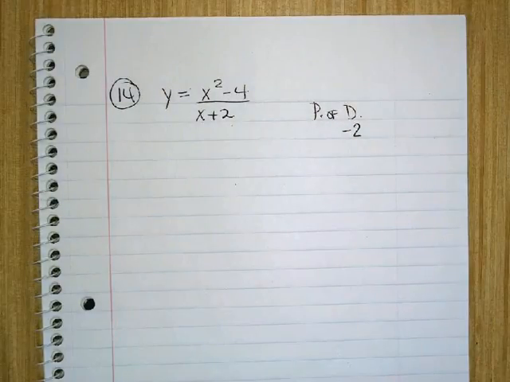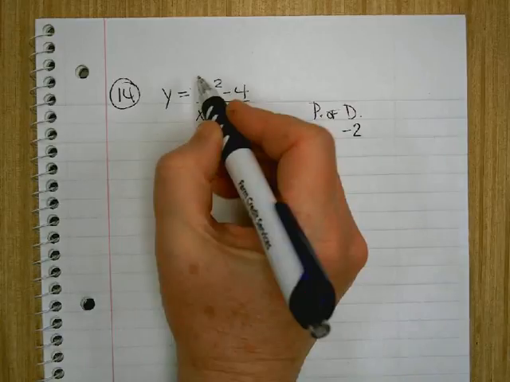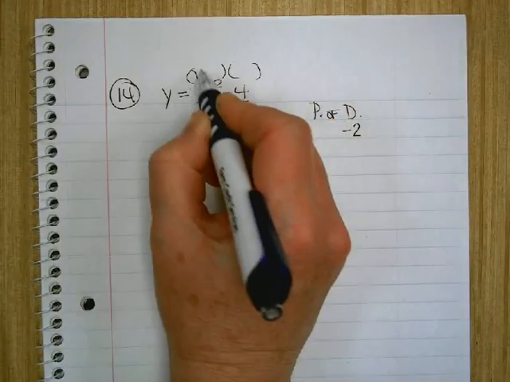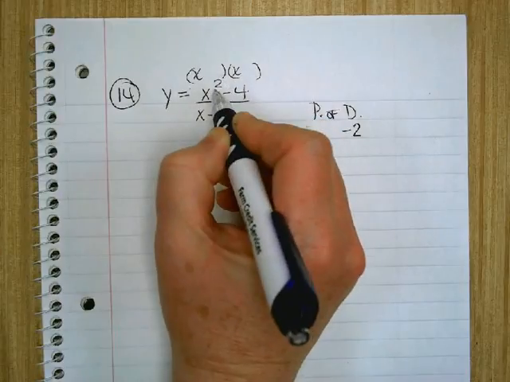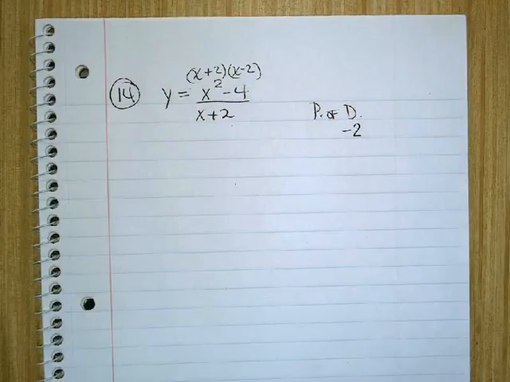Okay, let's talk about whether it's a hole or a vertical asymptote. Well, you've got to talk about the numerator. Can you factor the numerator? Yeah. What would it be? Y'all agree with him? It's called the difference of squares. Y'all remember that? Okay.